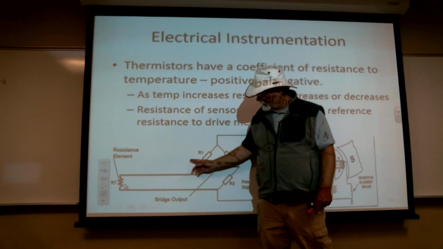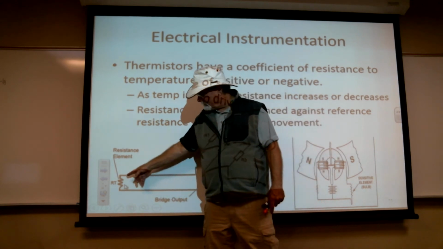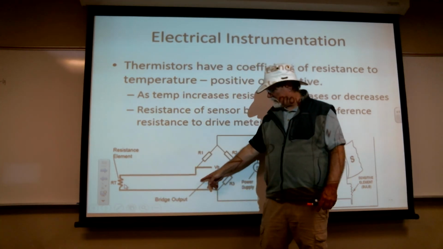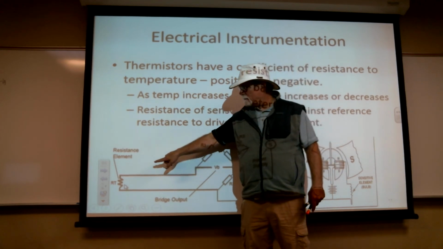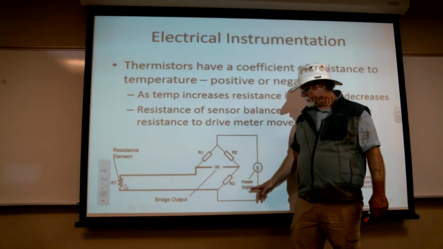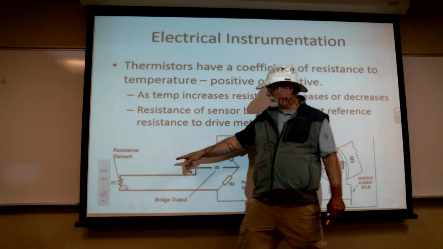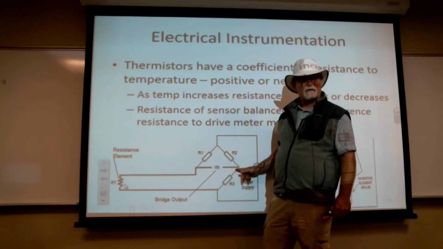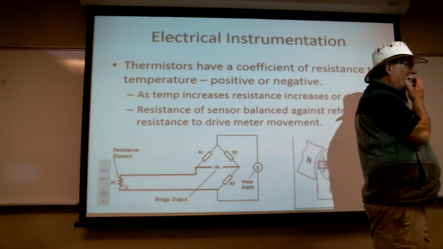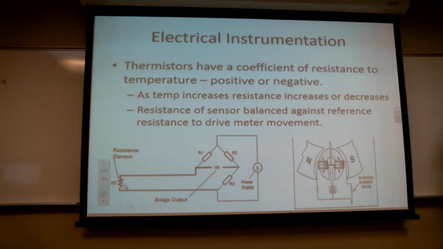Then the voltage divider on this side will have this variable resistive element sitting in here, so this voltage will either go up or down depending on what that resistor is doing. This guy remains fixed, this guy goes up and down. So this voltage changes, this one remains fixed. That means the voltage between the two starts to change.